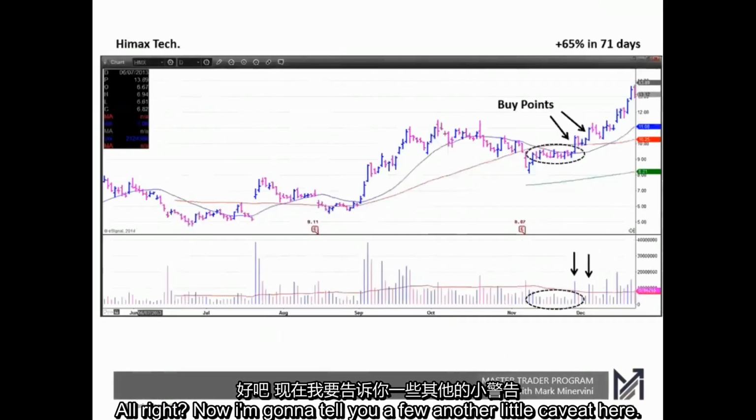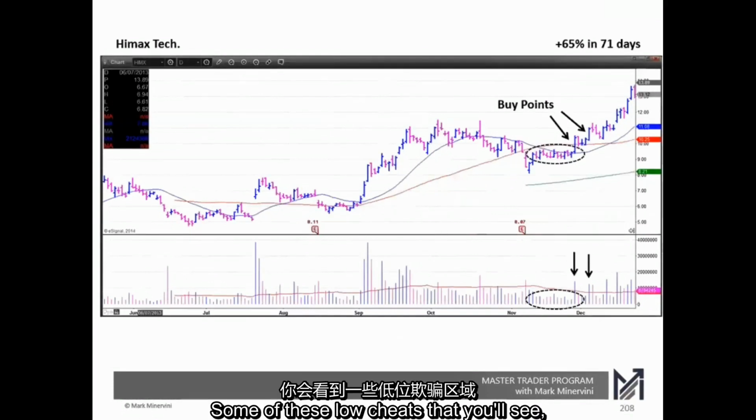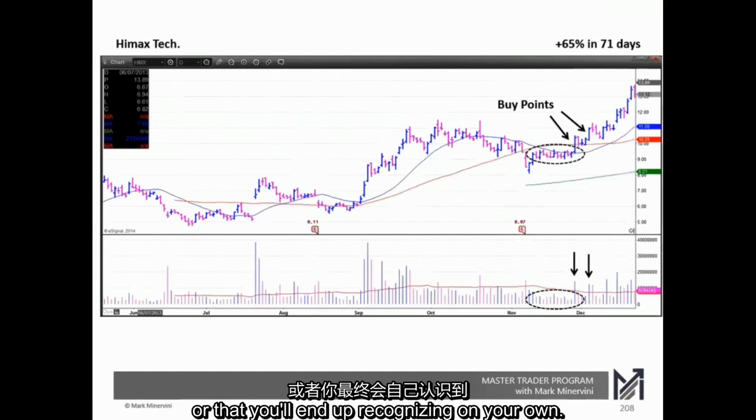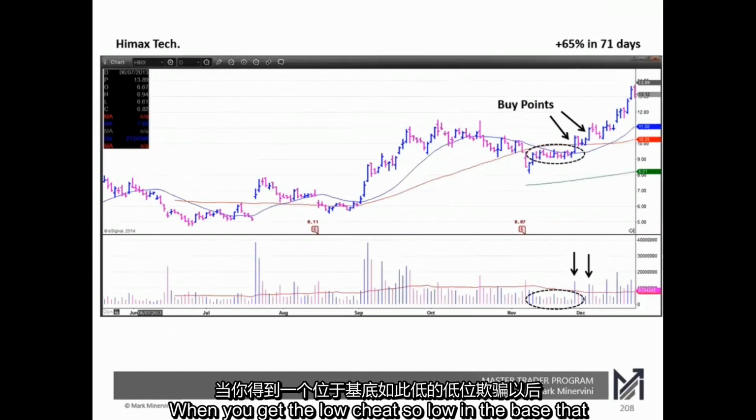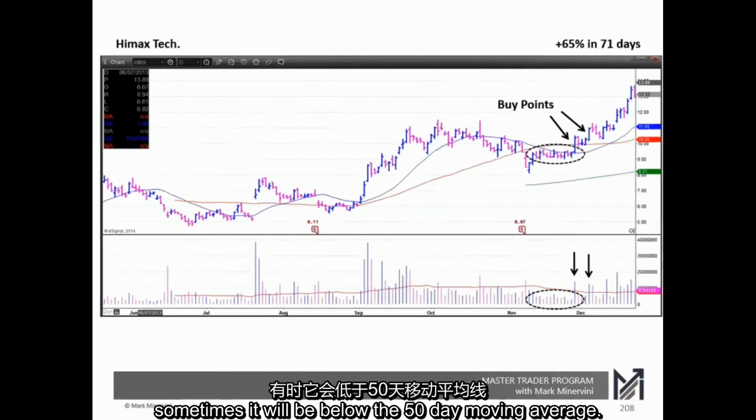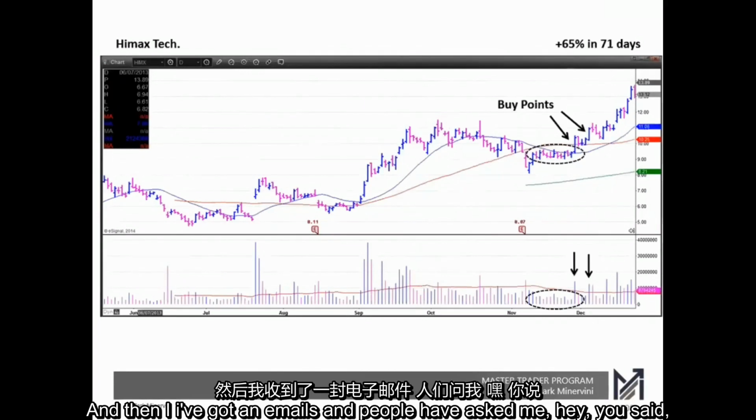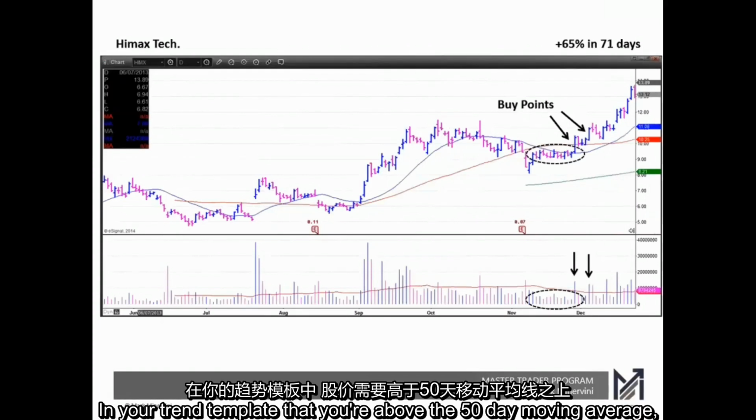All right, now I'm going to tell you another little caveat here. Some of these low cheats that you'll see, some that I'll show you, or that you'll end up recognizing on your own, are so low in the base that sometimes they will be below the 50-day moving average. And I've gotten emails and people have asked me, hey, you said in your trend template that you're above the 50-day moving average.